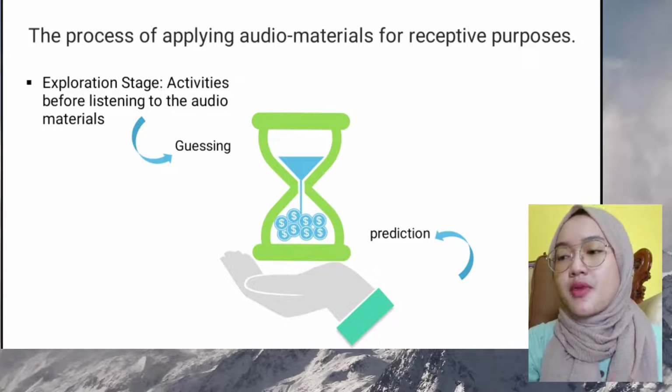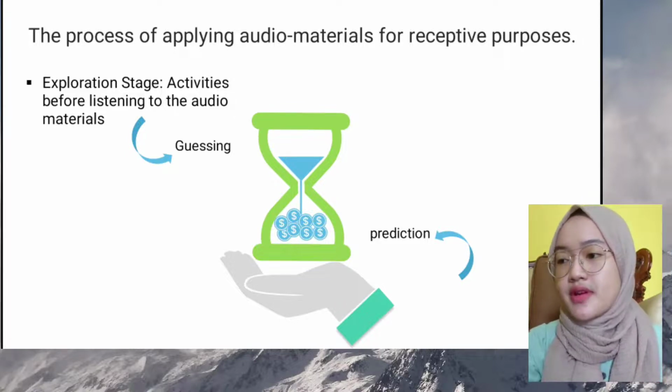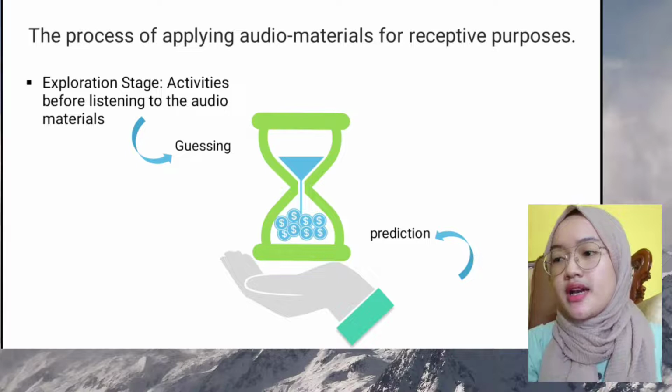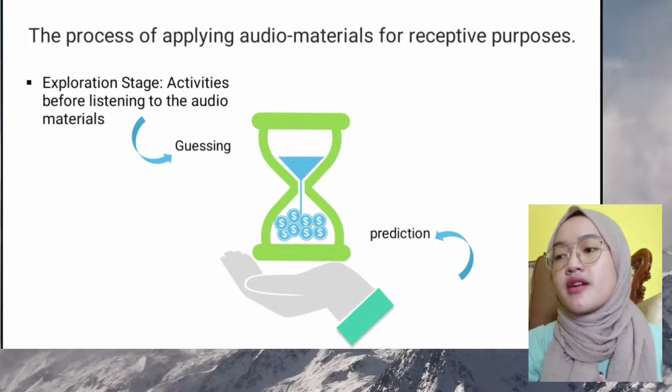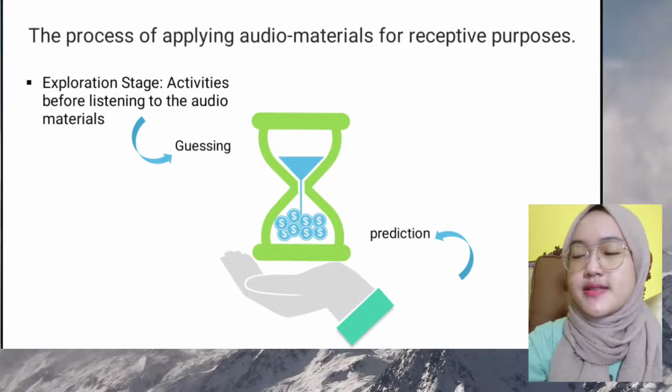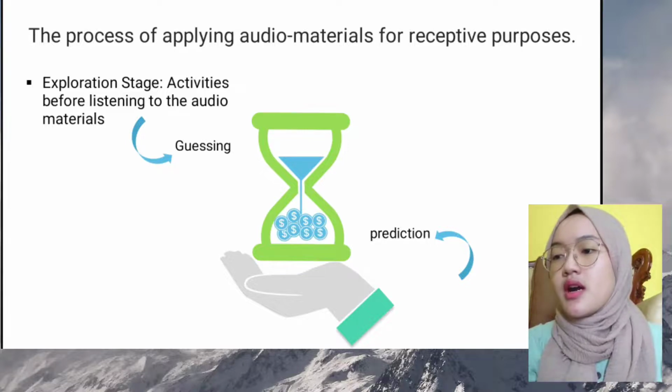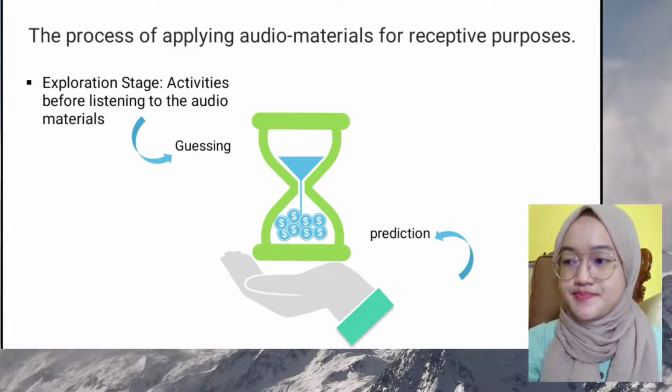Guessing: before listening to the audio materials, the students can be guided to guess the topic of the materials based on some keywords or utterances, some text related to the materials, some sounds or music, or limited impressions, such as the students listening to only some part of the radio materials. The second is prediction.